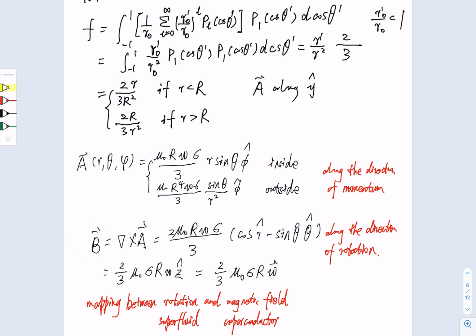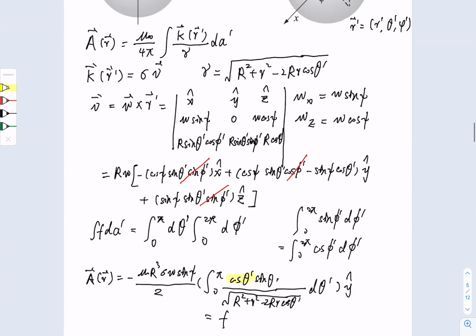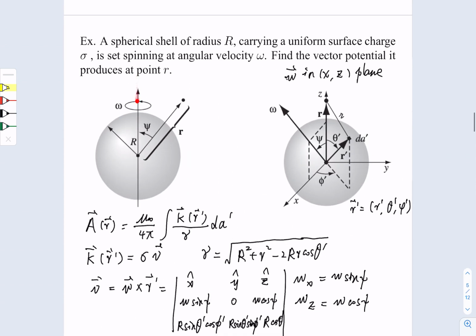The magnetic field is simply the del cross A, and you can also write it down in a coordinate-free expression, and you can see that the A field is actually along the direction of the momentum. If you still remember, we are rotating the system along the z-axis.